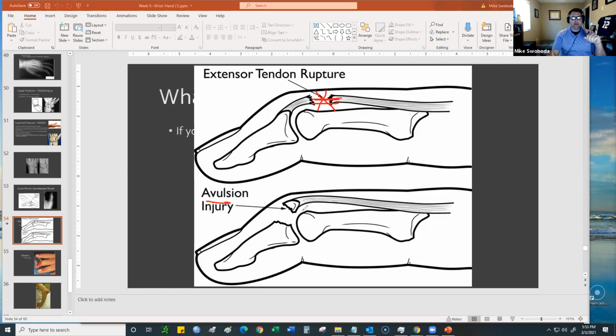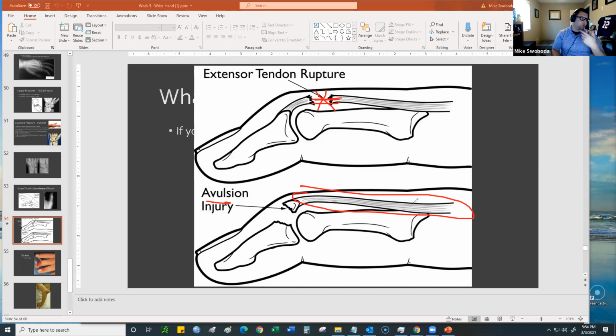If you have an avulsion injury, typically your tendon or ligament, it's really only going to be a tendon, but your tendon is perfectly fine. However, it rips off a part of the bone from it. Essentially, what's happening here is the tensile strength of the tendon is greater than, for lack of a better word, the density of your bone. So while the tendon stays intact, the bone rips itself off.